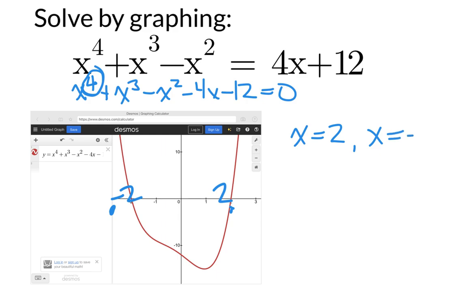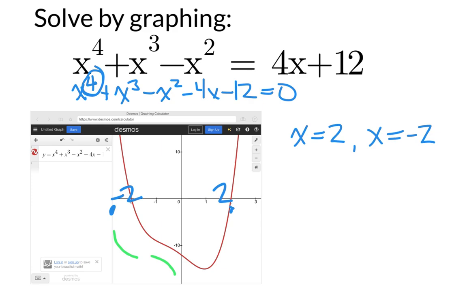Where are the other 2? Well, the other 2 happen to be imaginary solutions. We know that when we have a 4th degree polynomial, this thing should turn 3 times, and it does. Here's 1 turn, 2 turns, 3 turns. The thing is, that turn in the middle doesn't turn enough to bring it back up to the x-axis. So we don't have any x-intercepts from that.